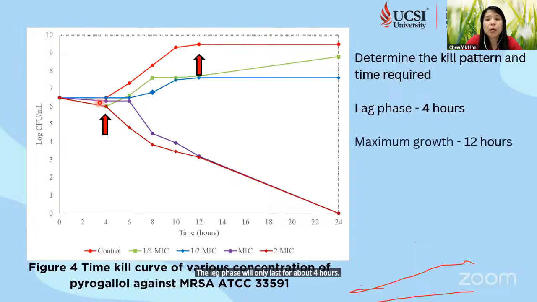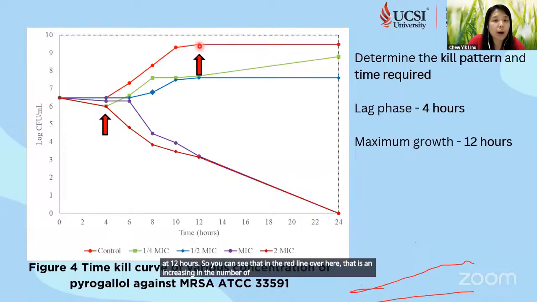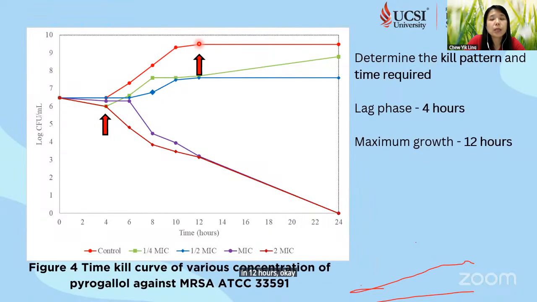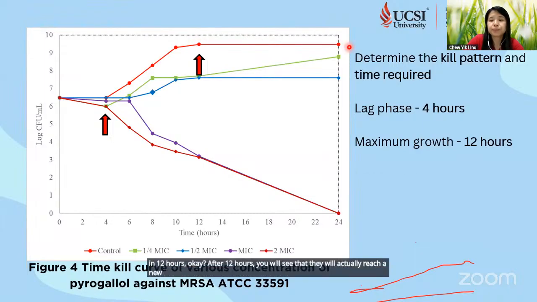After 4 hours, we notice that cells that have not been treated will have a maximum growth at 12 hours. You can see in the red line over here, there is an increase in the number of MRSA in 12 hours. Okay, after 12 hours, you will see that they reach a plateau stage.